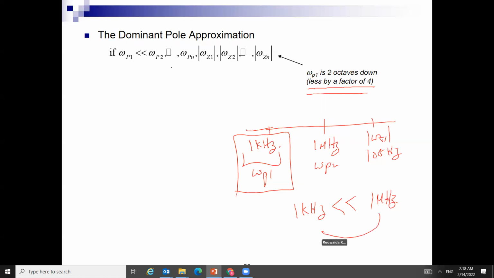And the ratio from this to this is more than 4 times. This is 1000x here.